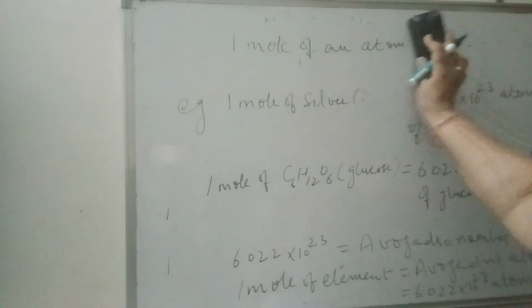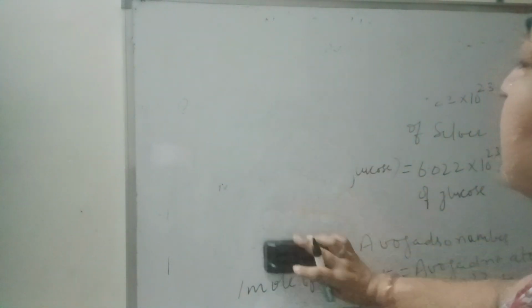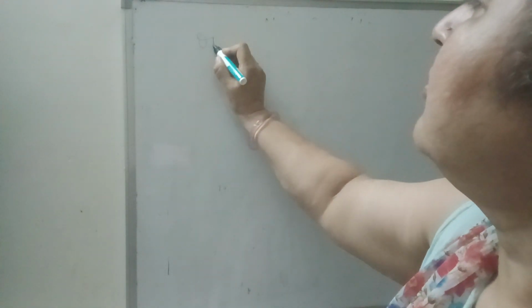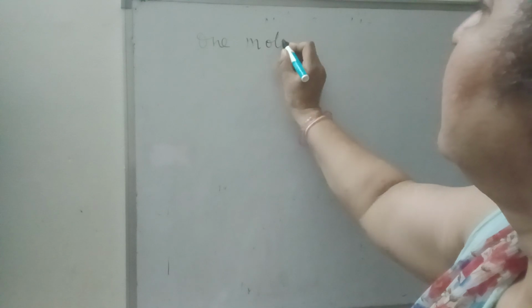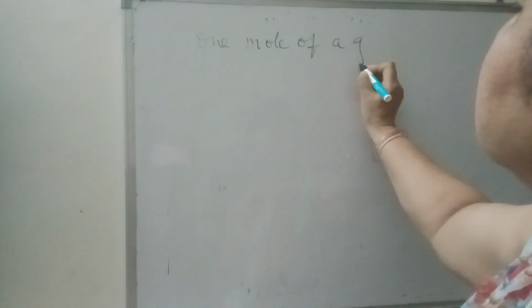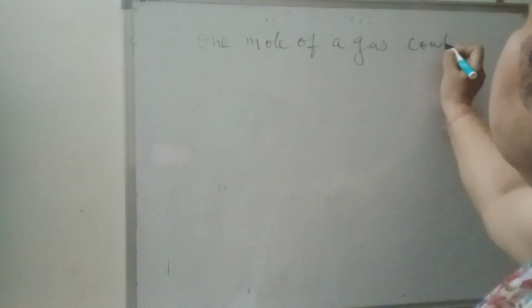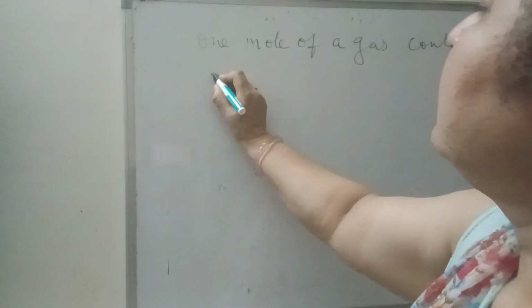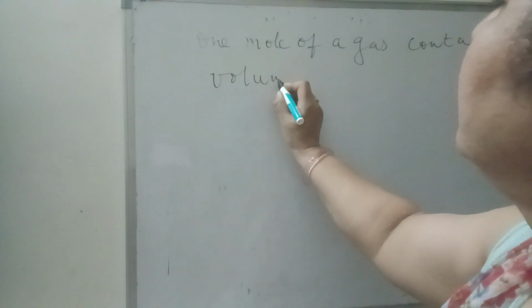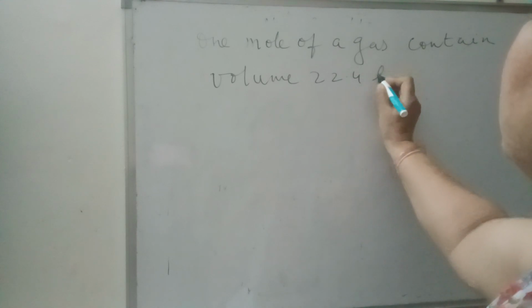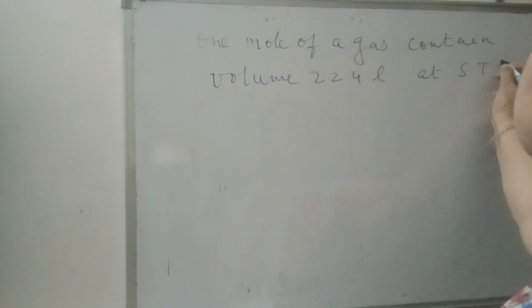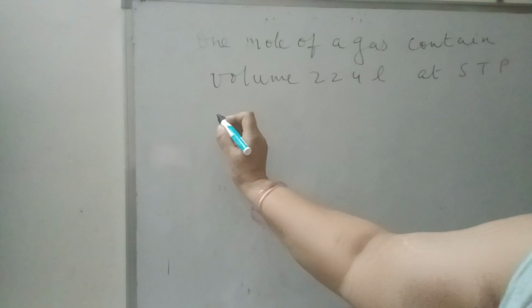Okay, now there is third definition of mole. There is third definition of mole for gases. 1 mole of a gas occupies volume equal to 22.4 liter at STP, standard temperature and pressure.